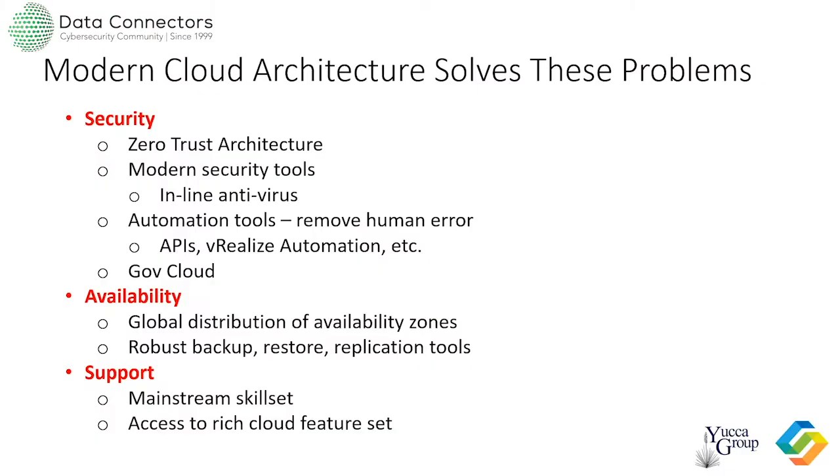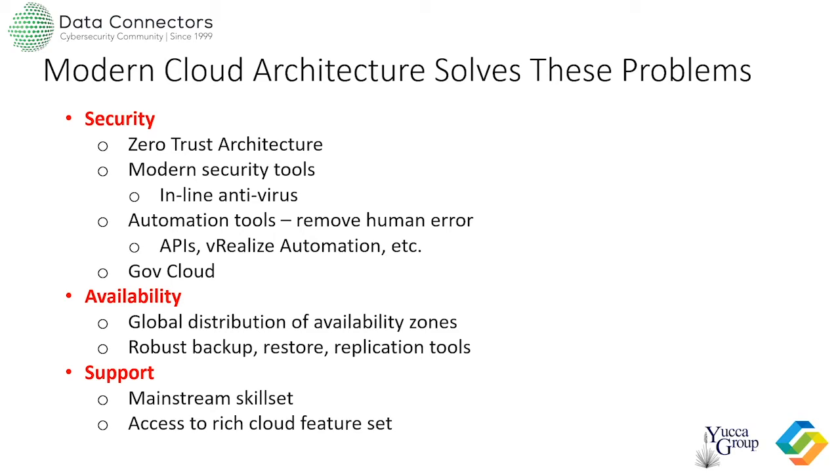So fortunately for us, all those things that keep us up at night, there is light at the end of the tunnel. Our modern cloud architecture really addresses almost all of these problems, fortunately. And certainly with the elephant in the room, security, we can bring to bear zero trust architecture.